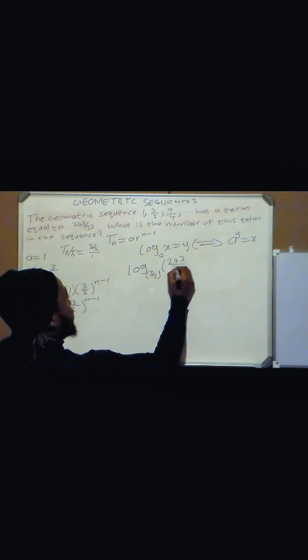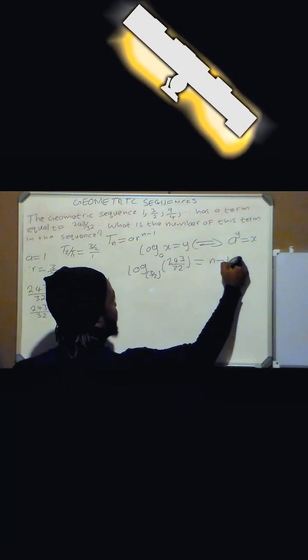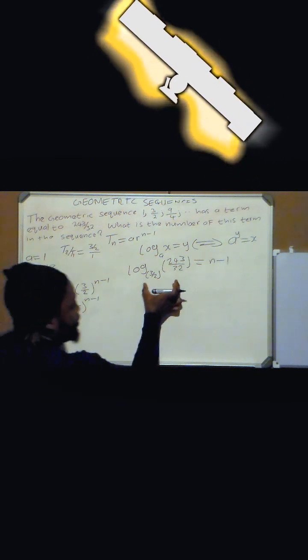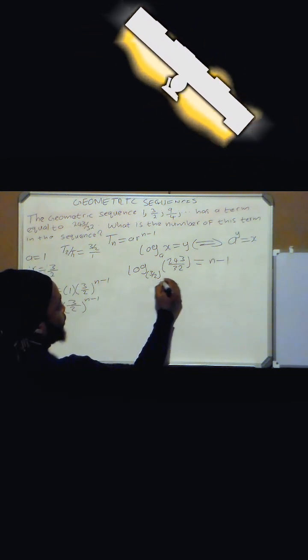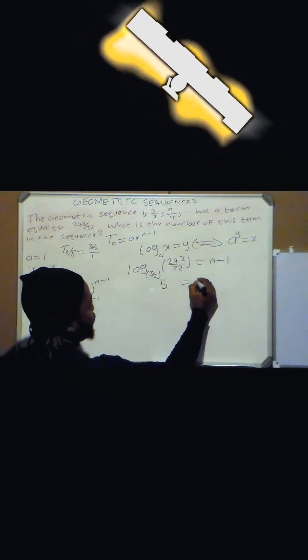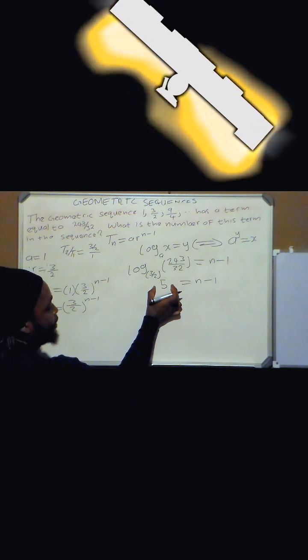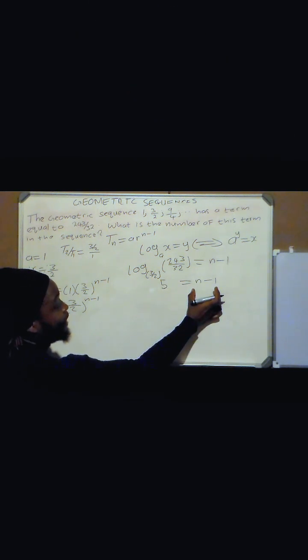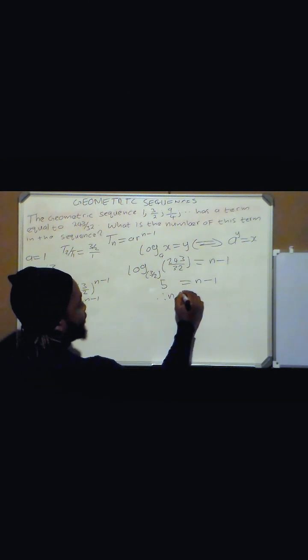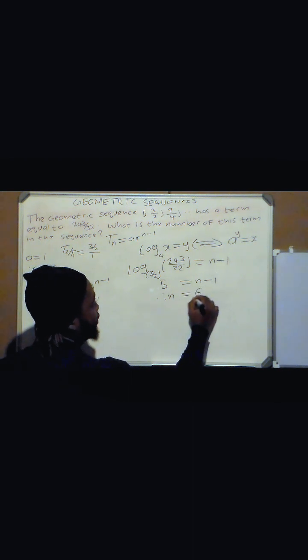This should be equal to our n minus 1. When you punch this into your calculator, it will give you 5 equals n minus 1. Then from there you can solve for n. So therefore our n value is equal to 6.